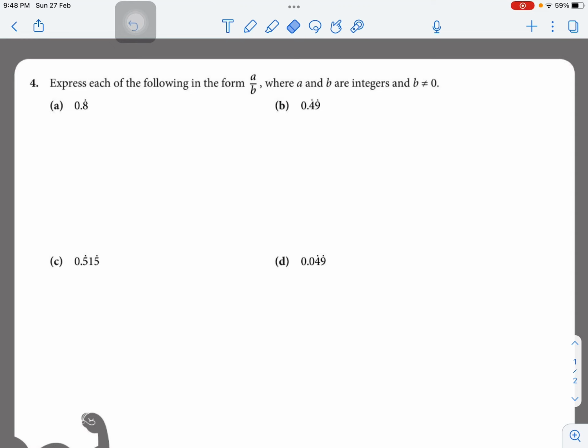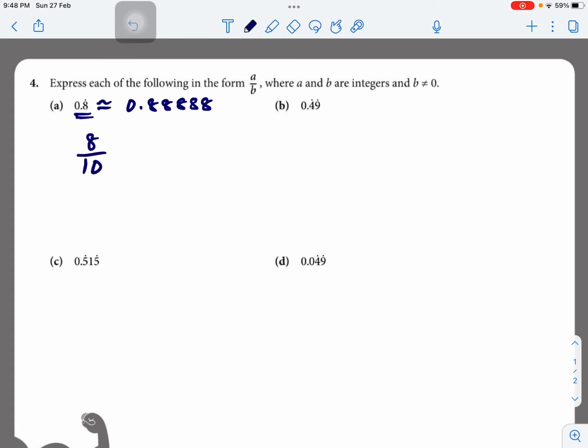So what this would give you is approximately 0.88888, right? So what we need to do is convert this as close as possible. Based on whatever you have here, you can convert this 0.8 as 8 over 10.